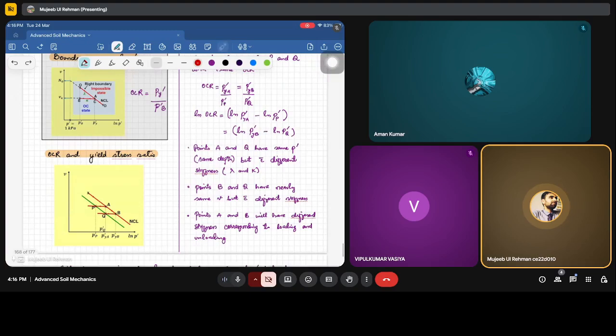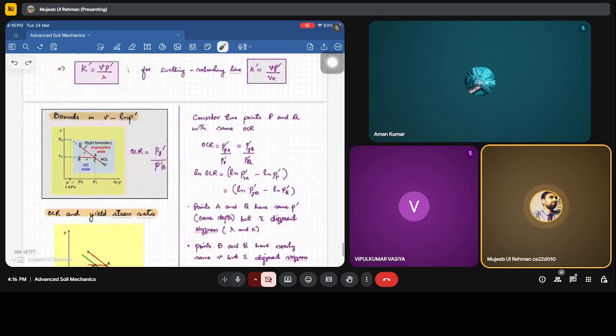Now, after that, in order to study the effect of the stress history OCR on the plots, and how OCR becomes a meaningless parameter in some cases, and why we want to go to a new parameter that we call the yield stress ratio. At some point, this OCR can be a good parameter to analyze the stress states, but at some point this OCR becomes obsolete, and we need some other parameter to describe those states.